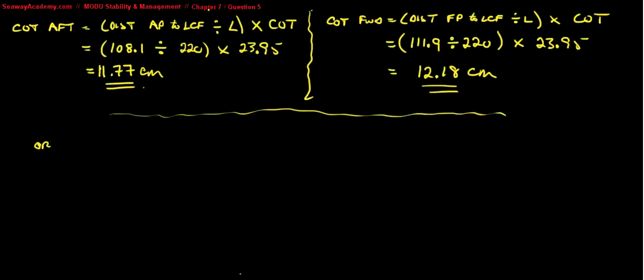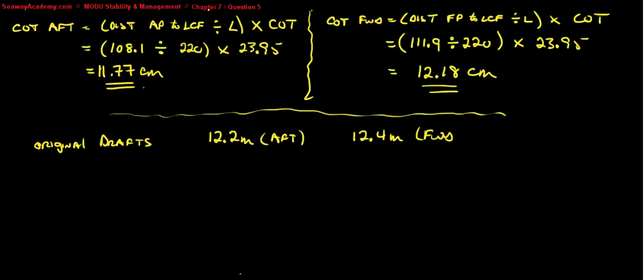So now to calculate our new drafts, we take our original drafts, .2 meters aft, and 12.4 meters forward. We apply the bodily sinkage, and when we calculated, we got the answer to be 20 centimeters.